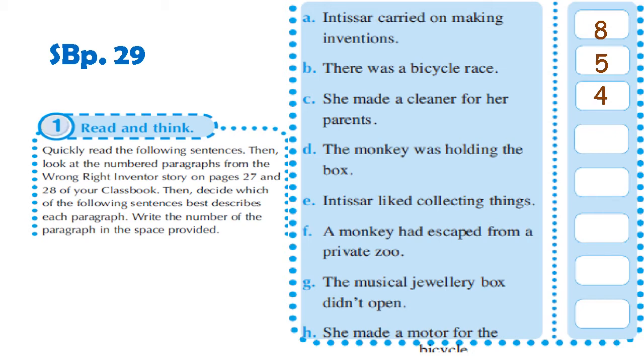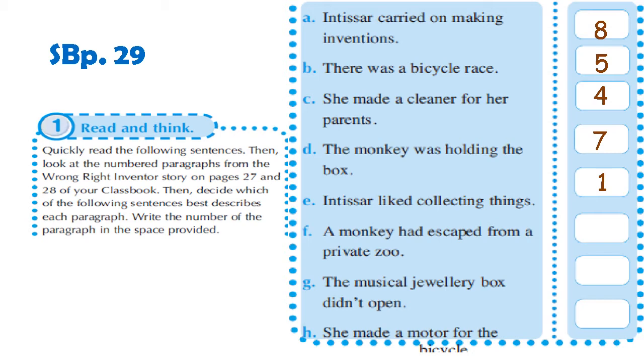Letter D, the monkey was holding the box. This is paragraph number 7. Letter E, Intisar liked collecting things. This is paragraph number 1, and this is the first of the story.